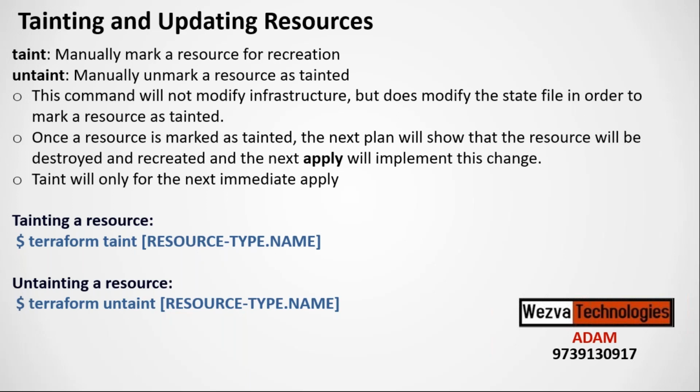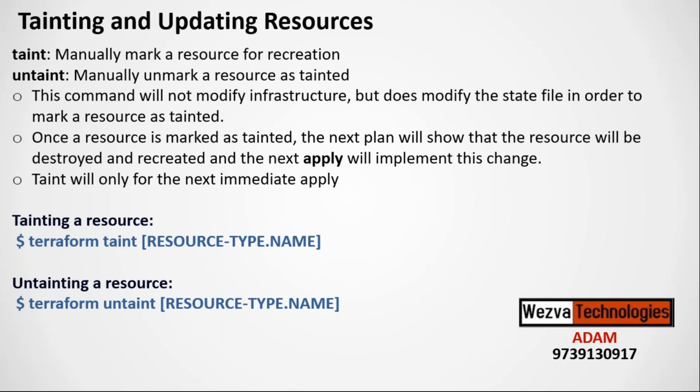Suppose if Terraform finds out that the desired state what you have given in your configuration file is already available, then what happens? It will say everything is up to date. Okay, so that is where every time when you run Terraform plan, if there is no change, it will say up to date.